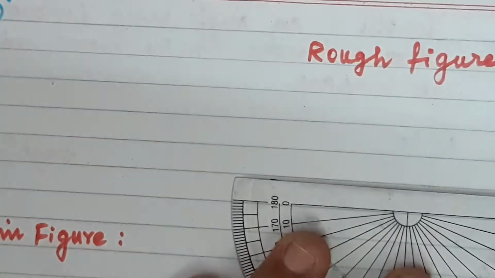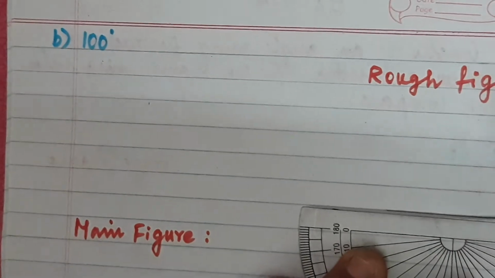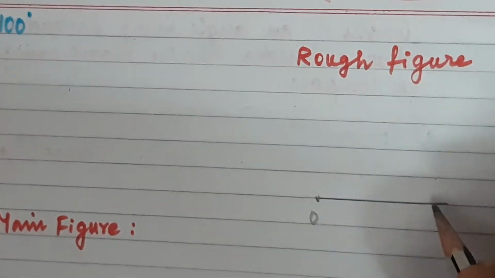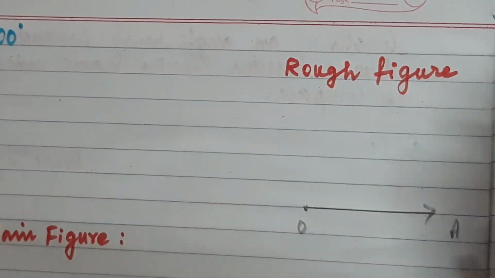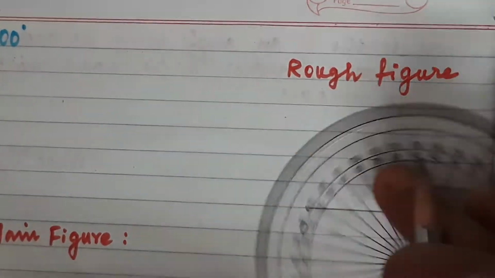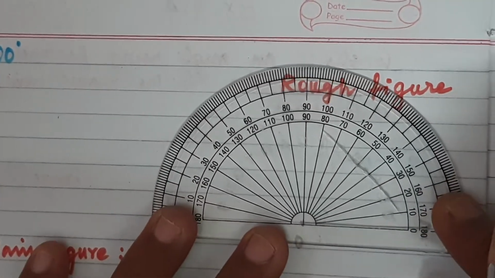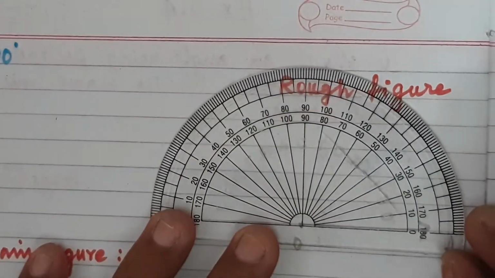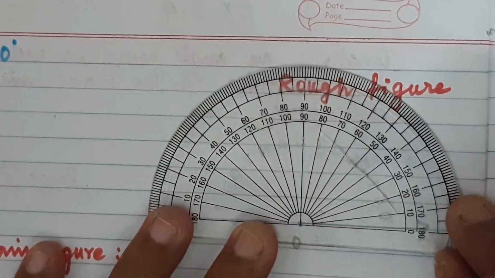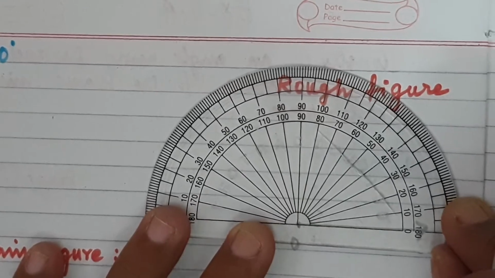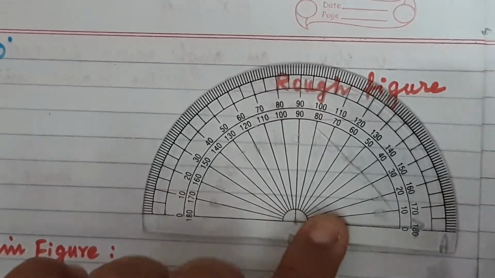See here, the question is 100. So I drew like this first: O, A, and keep the protractor and mark exactly 100. Keeping the protractor is very important. Keep it at O correctly, and the pencil line should coincide with the black line in the base.